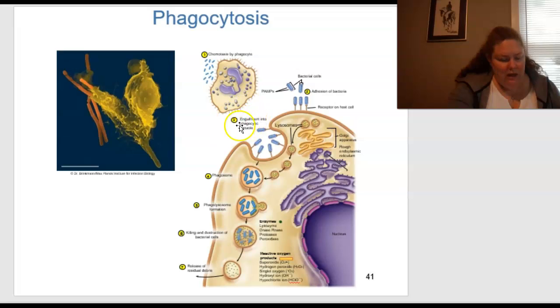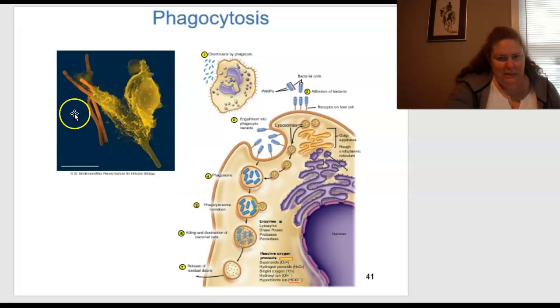And then 3, that vacuole, which is going to be that little vessel or bubble, is formed around the bacteria during engulfment. And then in 4, the phagosome is going to have a digestive vacuole result. And then here in 5, the lysosomes fuse with the phagosomes, forming a phagolysosome. And then down here in 6, the enzymes and toxic oxygen products kill and digest the bacteria. In 7, the undigested particles are released.